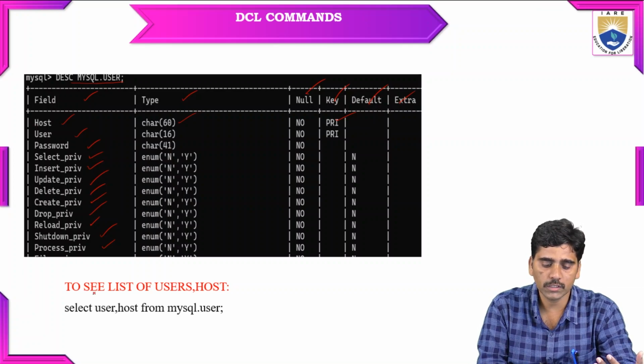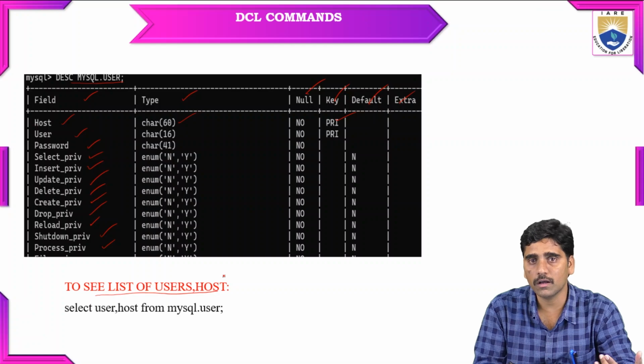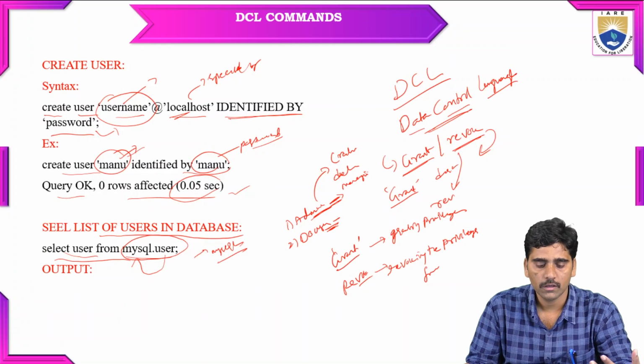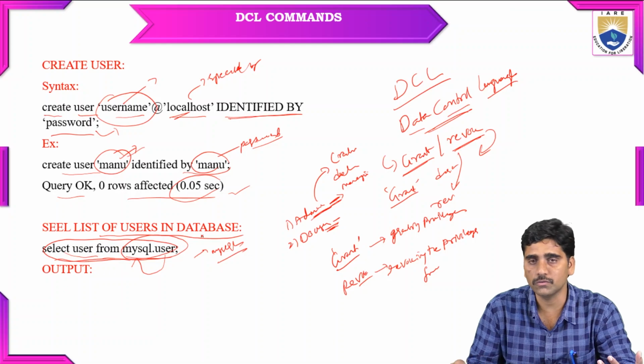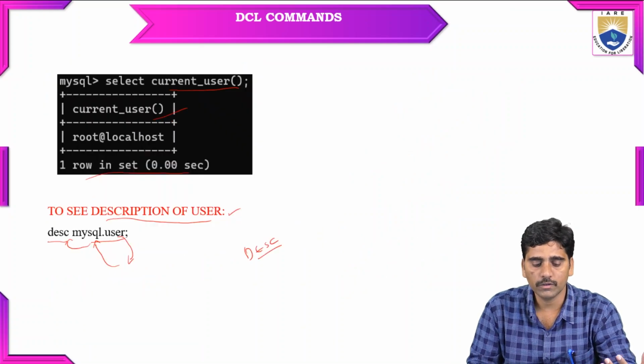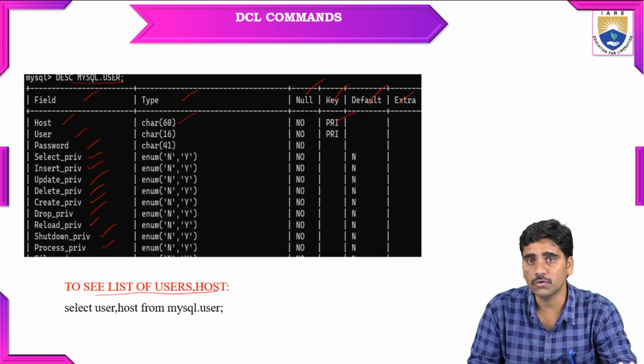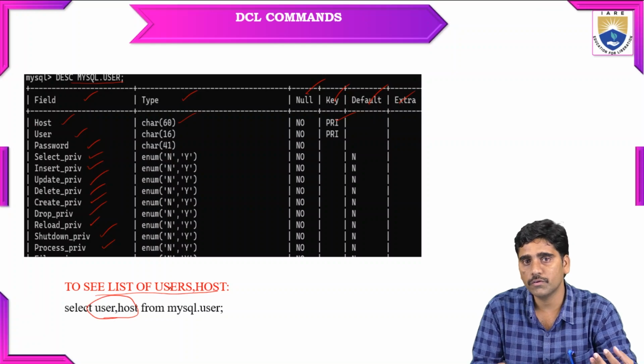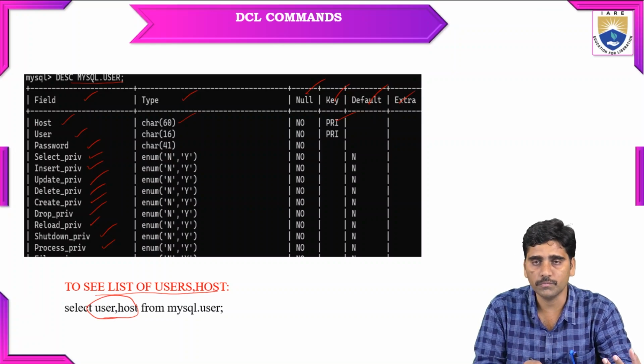And if you want to see the list of users, we already used that command: select user from mysql.user. Similarly, we can use users as well as host. If you want to see the user only, mention user.